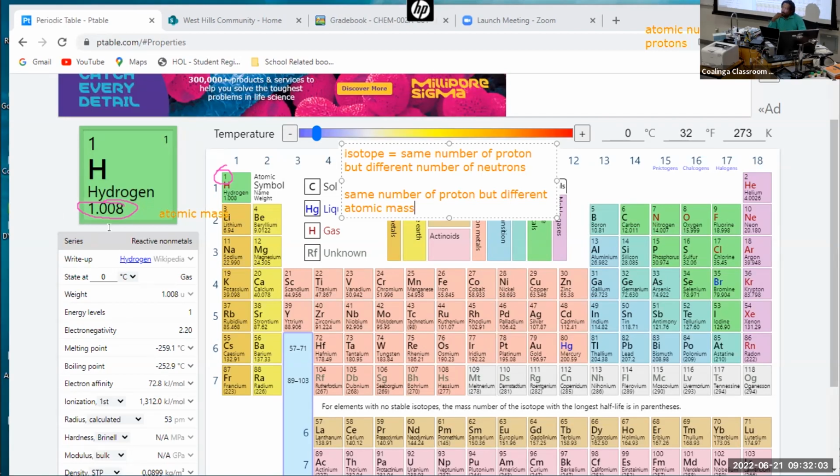So when we talk about the atomic mass that's shown on the periodic table, in nature, we have isotopes that are naturally occurring, meaning that they're not man-made. By nature, they exist, right? So for instance, hydrogen has three isotopes. One is called tritium, one is called deuterium, and the one that we normally talk about is just hydrogen.